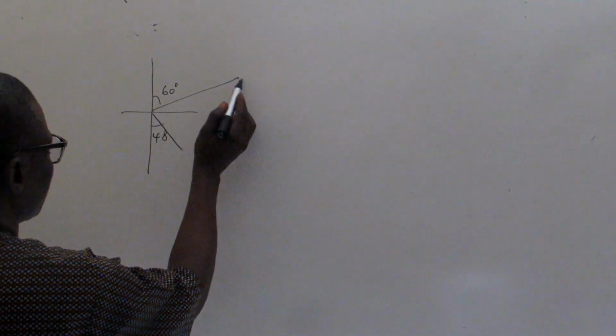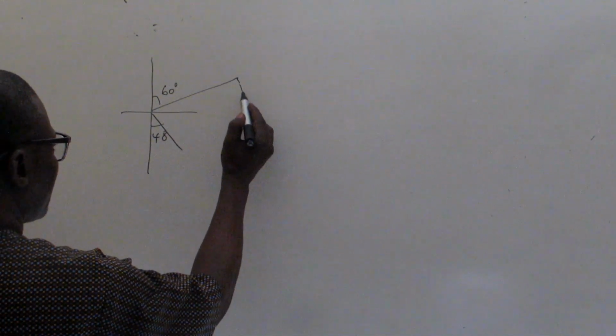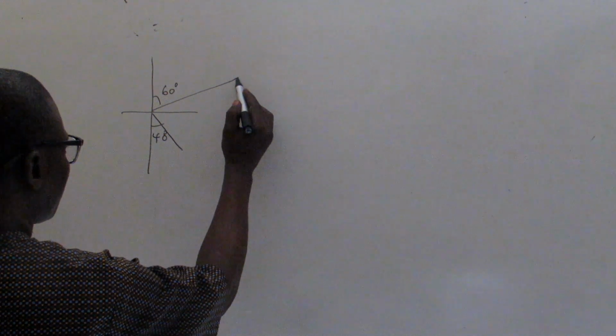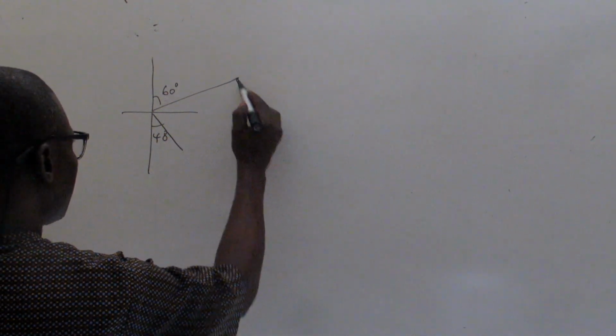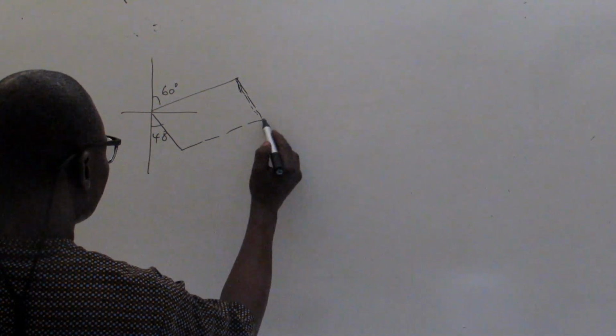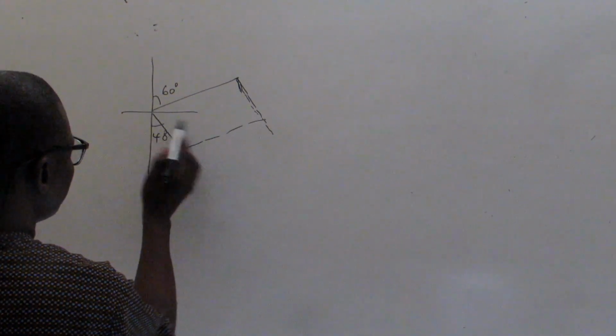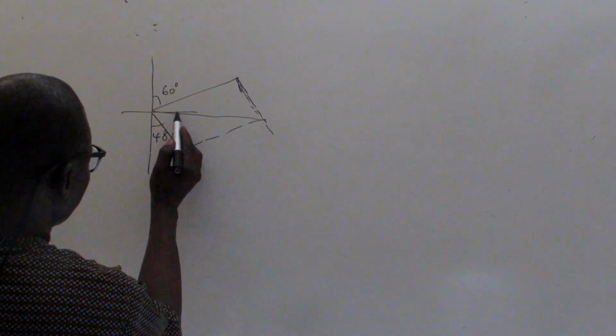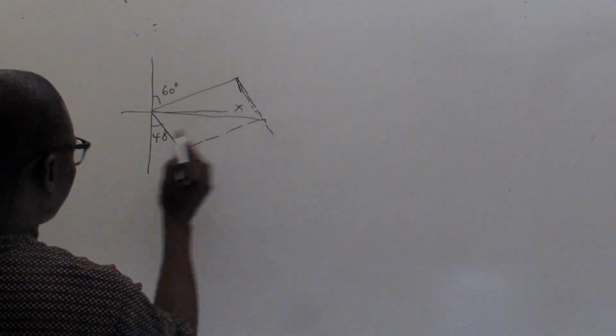This is 40 degrees, and then we draw a parallel line to this, and this parallel to this. You see that it meets here. The actual thing is here. This is our x.